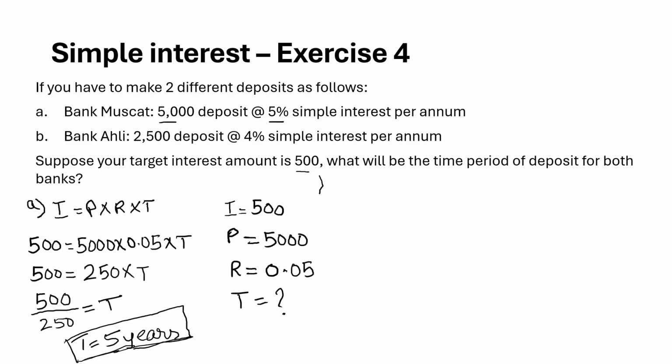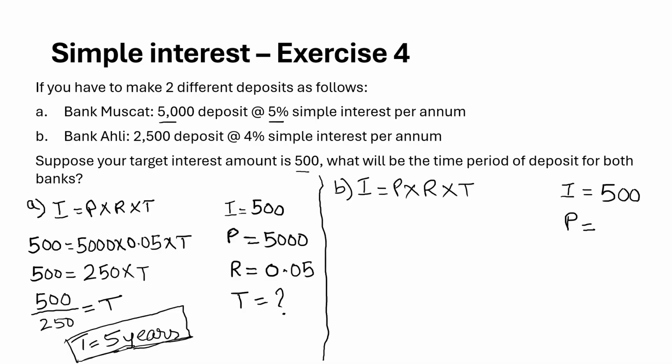Now similarly we will do it for B. Bank B. Here you can see again, first we will write the formula I is equal to P into R into T. Now just substitute. What is my I? I is again the same, 500. Go as per the formula. See, your principal amount in B is different. The principal amount is 2,500, and then R is the rate of interest.